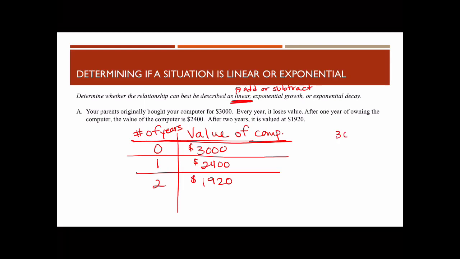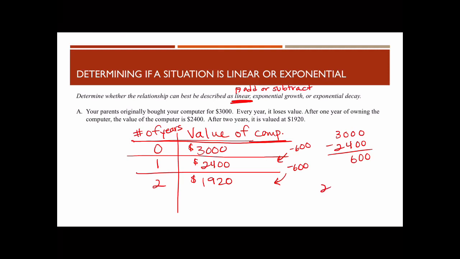Well, 3,000 minus 2,400 is 600. So if I start at $3,000 and subtract 600, I would get to this number here, right? Now, if I can take $2,400 and subtract 600 again and get to that, then that tells me that this would be a linear relationship.